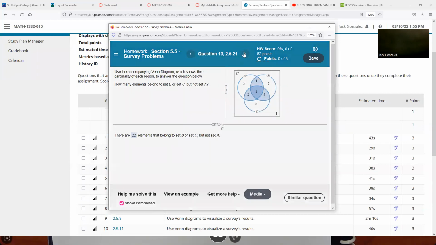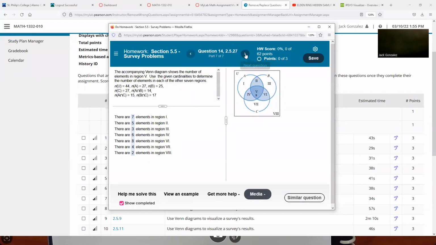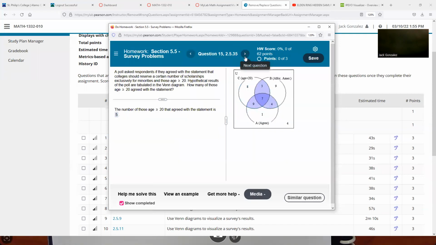It appears that they tell you the number, or the cardinality. Remember we talked about that, the total elements in the set. So each region is a total.